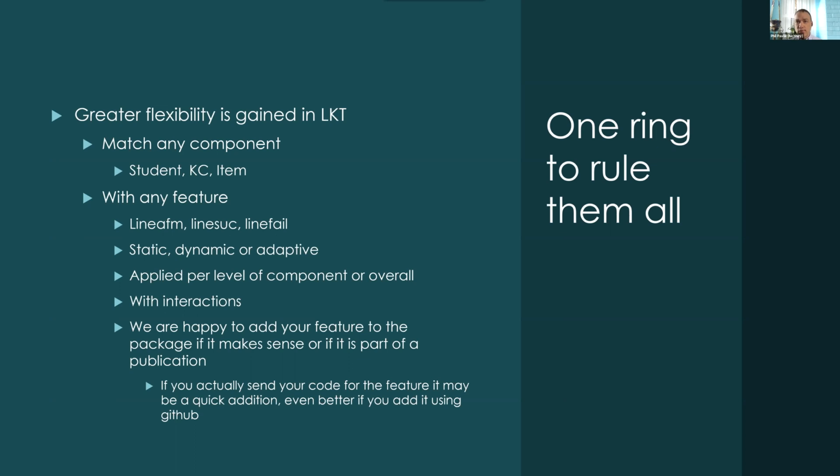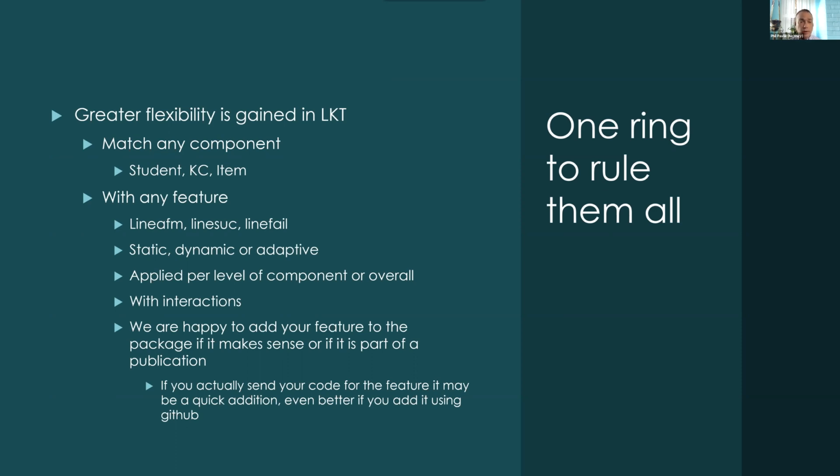Like you can have intercepts for the students, or you can have learning for the KC, or you can have knowledge tracing for the student, or you could have spacing effects for the item memorization. You can have all of these different components that you can choose specific features for, and the feature then determines how the component is interpreted.